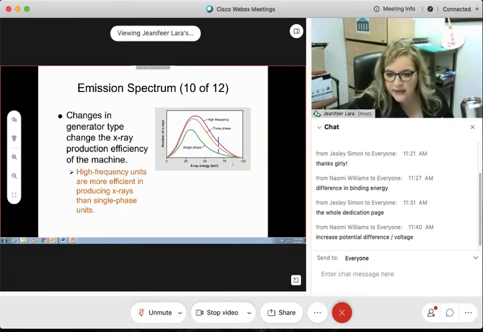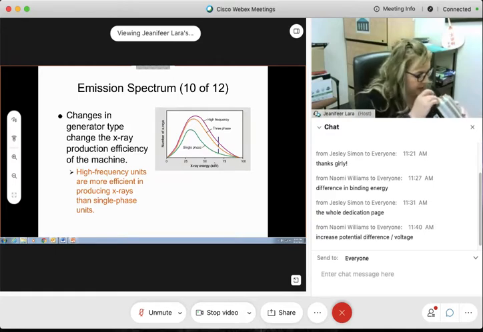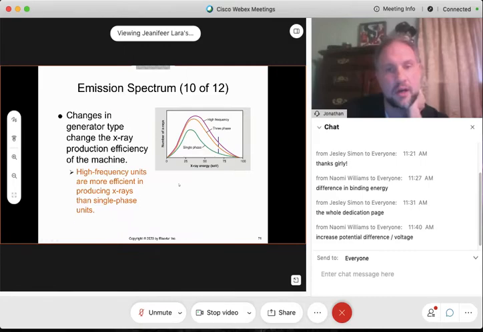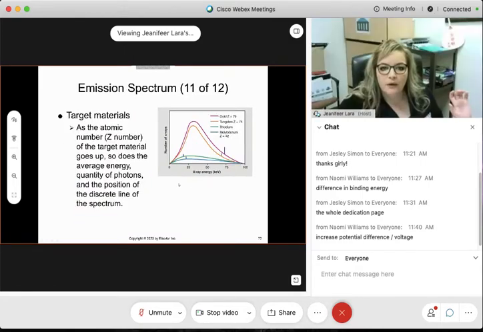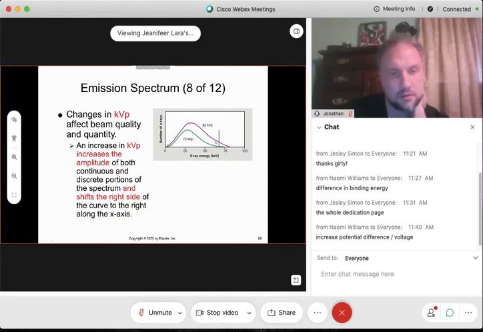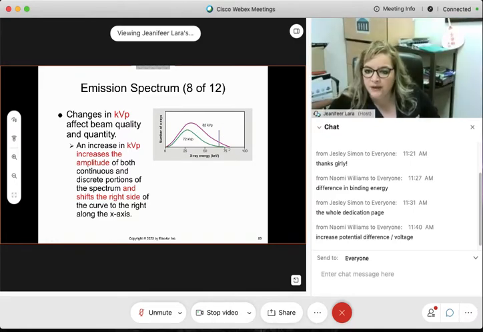What does this x-axis represent? Because a higher kVp gives you higher energy photons, so that's why it's going to shift to the right. Right. So if we have a higher kVp, we are shifting the value to the right side of the energy spectrum.